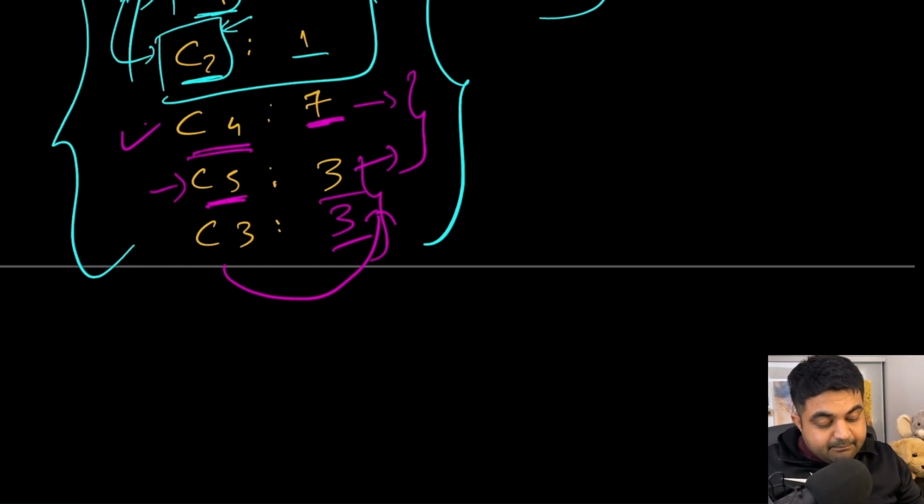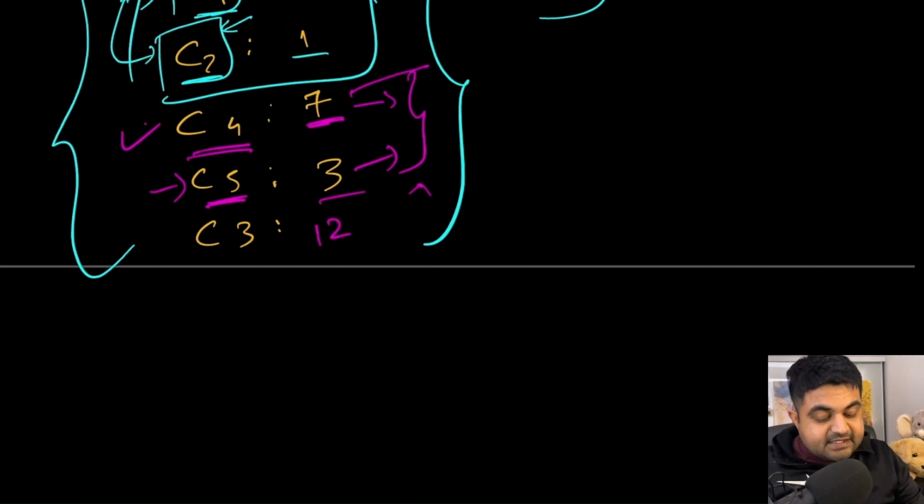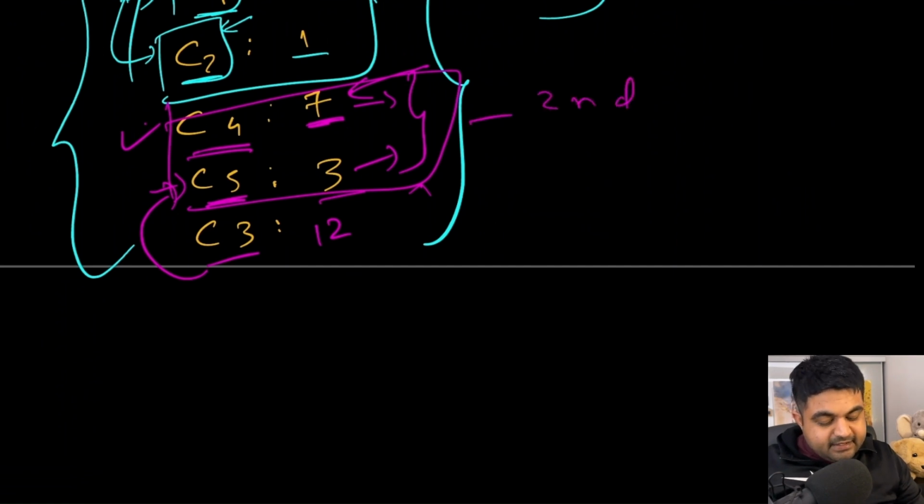So this would have been part of this fleet as well. But in this scenario, because the time C3 takes to reach the destination is actually greater than the largest value in the previous fleet, we can conclude that C3 is not going to be able to catch up to the C4 and C5 fleet. So this is going to be our second fleet. And in the end, C3 is going to be our third fleet.